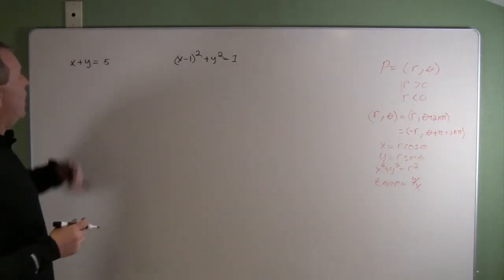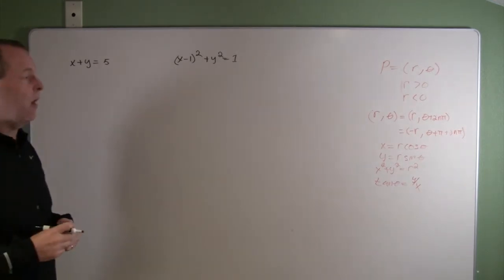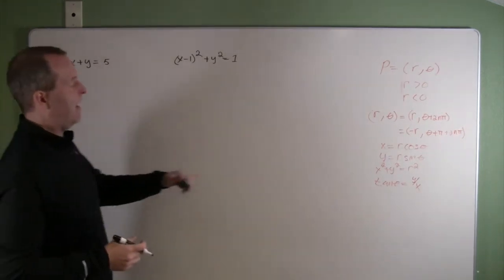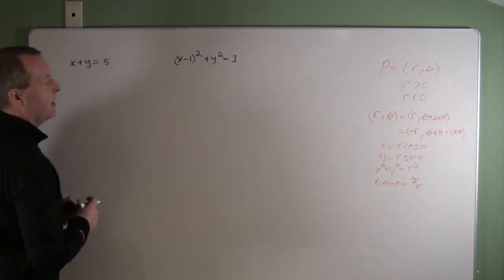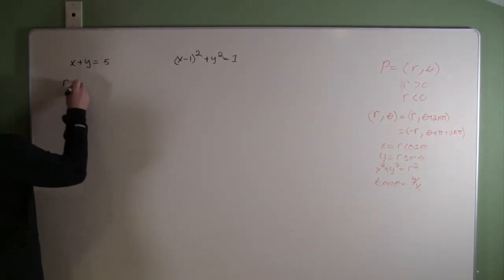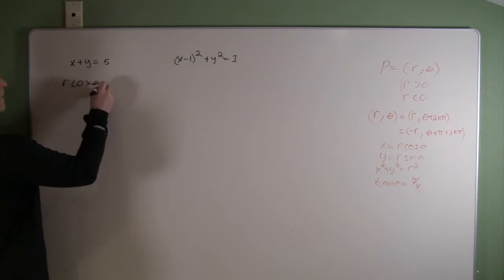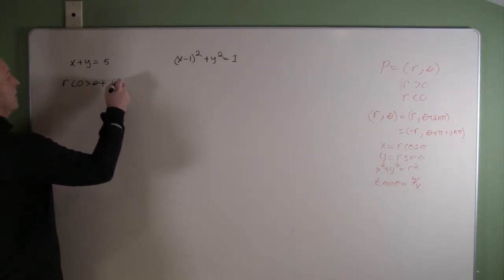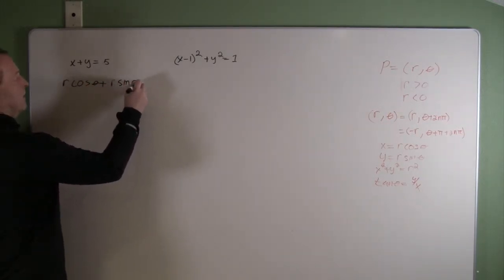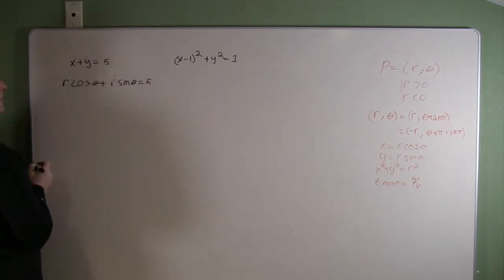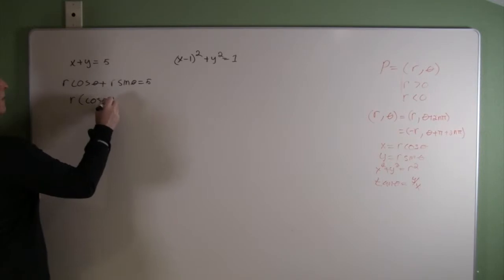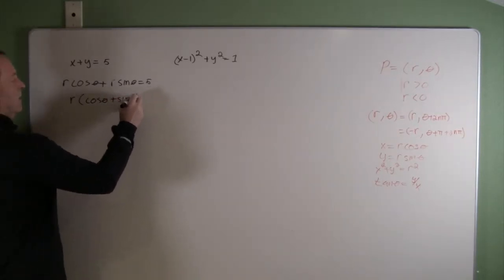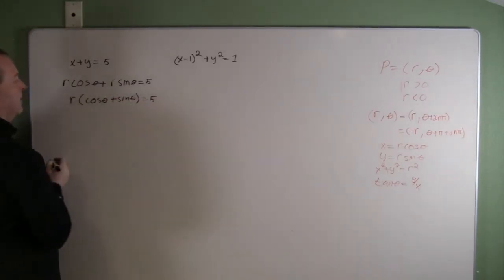So x plus y equals 5. Let's convert those to r's and thetas. If we remember, I have a model right here, x equals r cosine theta. So I have r cosine theta plus r sine theta equals 5. I can factor out an r. I'm left with r times (cosine theta plus sine theta) equals 5.